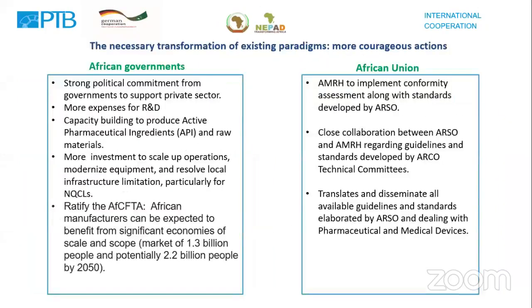The private sector will be the key for pharmaceutical production in Africa. They should also put more money into research and development, and into capacity building to produce API and raw materials. They should invest to scale up operations, modernize equipment, and resolve local infrastructure, particularly national quality control labs.